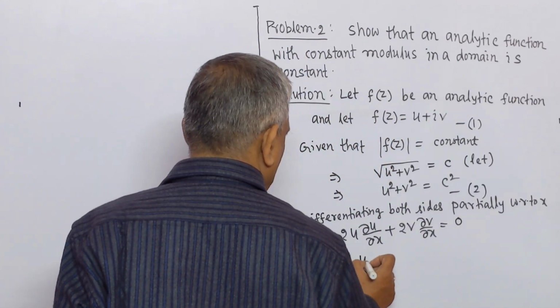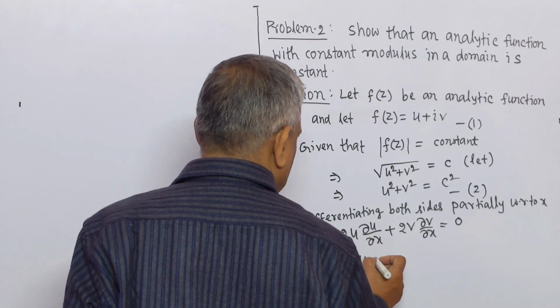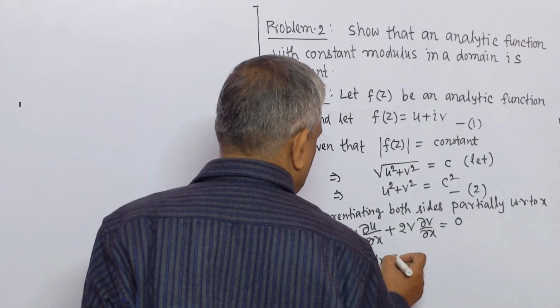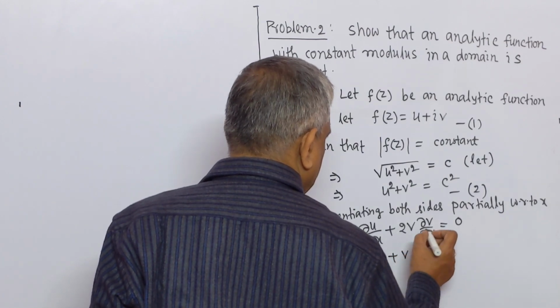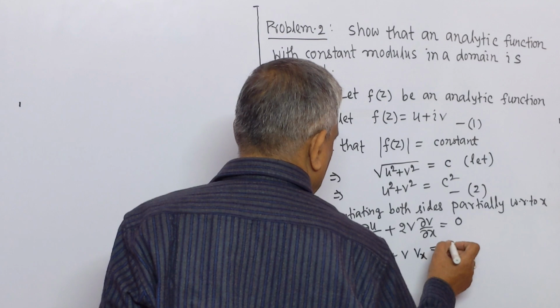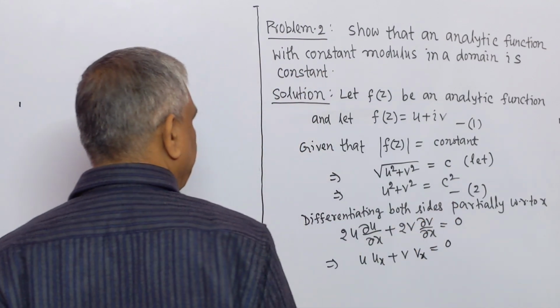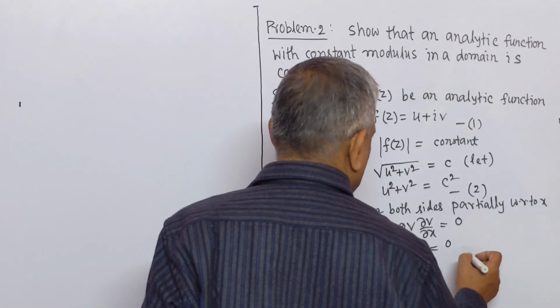This implies that u ux plus v vx equal to 0, dividing both sides by 2. This is number 3.